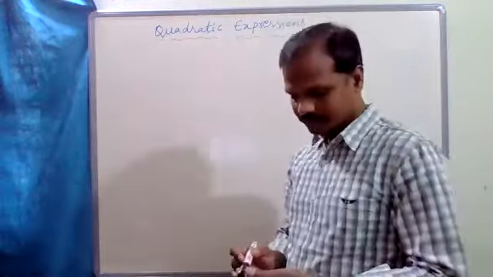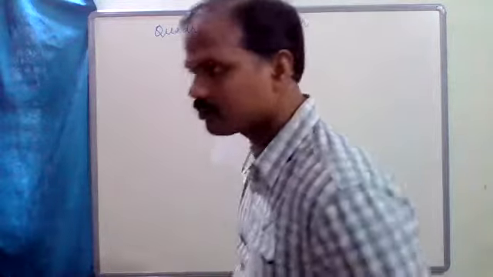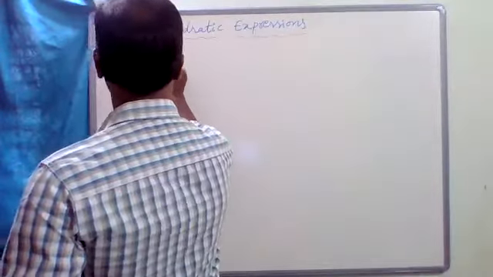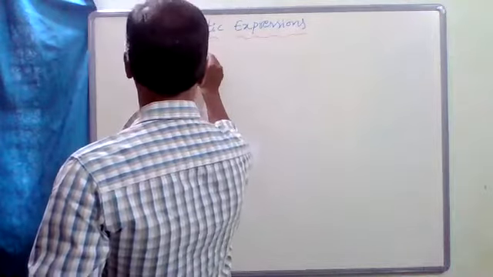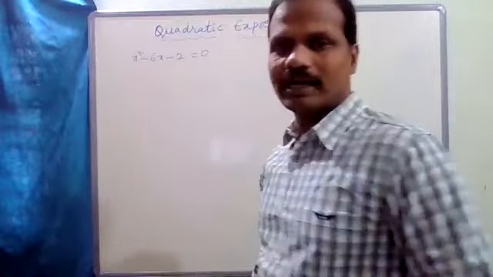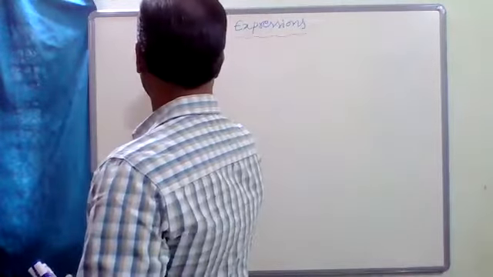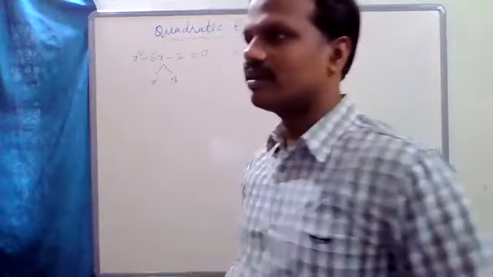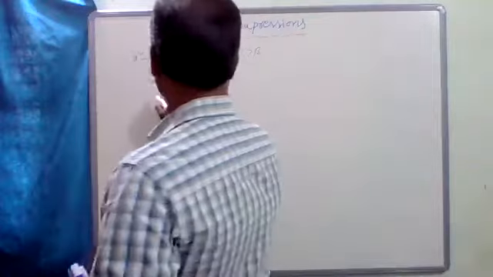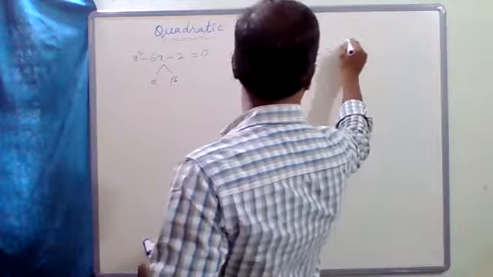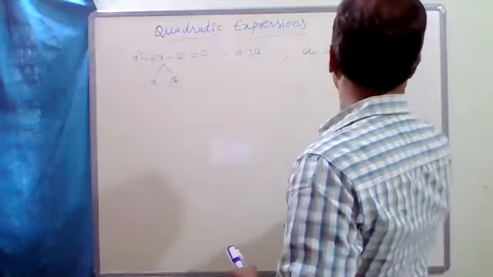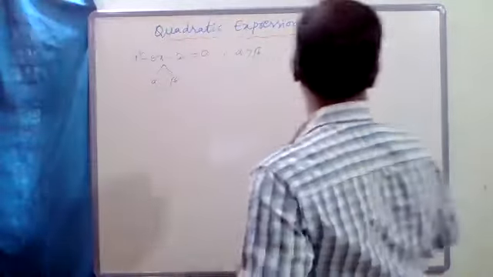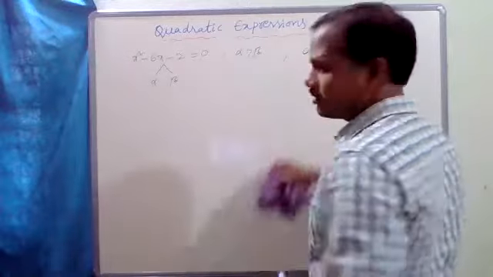Okay, the problem is: x square minus 6x minus 2 equal to 0, whose roots are alpha and beta, and alpha greater than beta, and an equal to alpha power n minus beta power n by n.